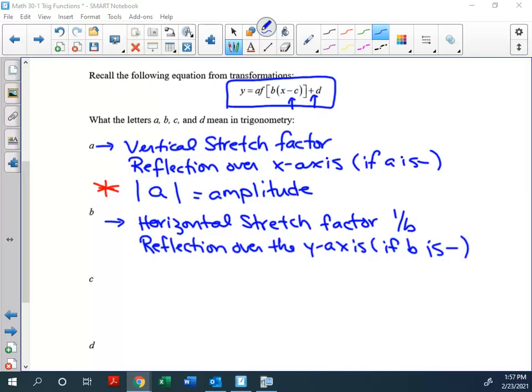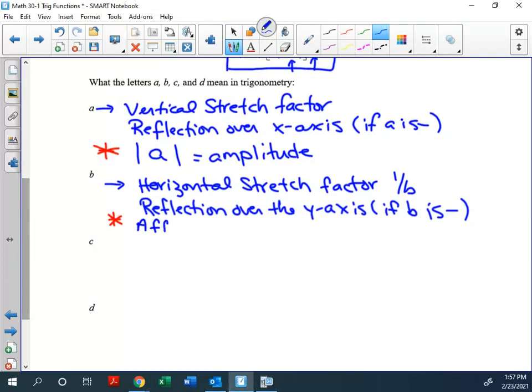All of that's the same. What we need to understand for trig is this affects the period. So that's where trig gets pretty specific, that we're going to be discussing the period when we're discussing the B value.